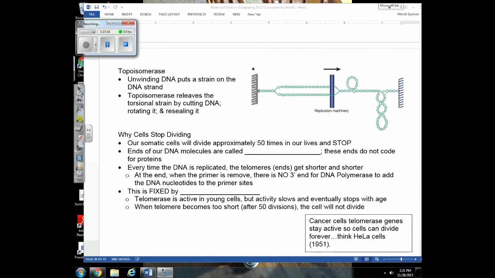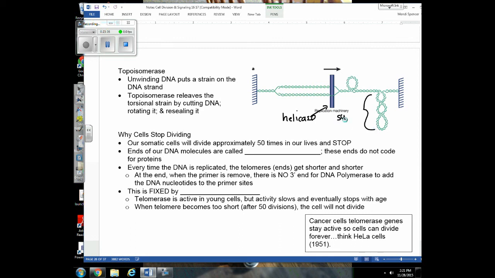As I mentioned before, in class I'm going to show you a demo that shows you why topoisomerases are needed, but I wanted to include a diagram here so that you can use it to study with. This is showing you we have a DNA molecule and we're unzipping it. As a matter of fact, that would be helicase. And when you unzip two strands that are twisted around one another, this is what you end up getting.